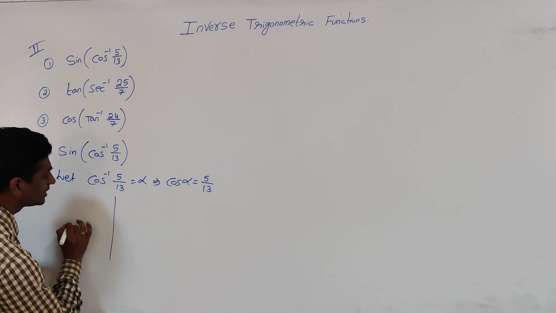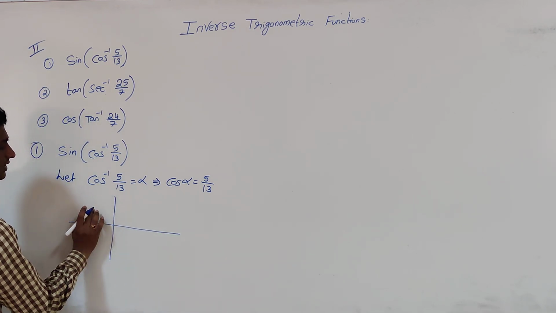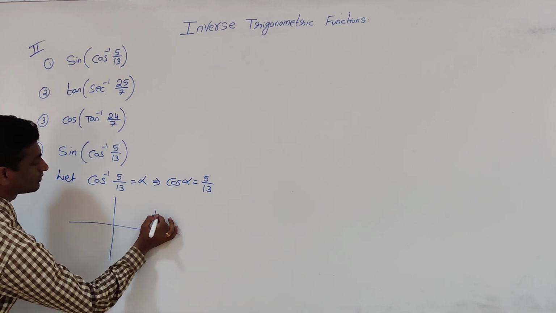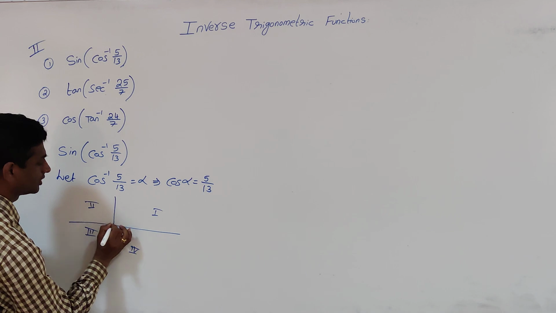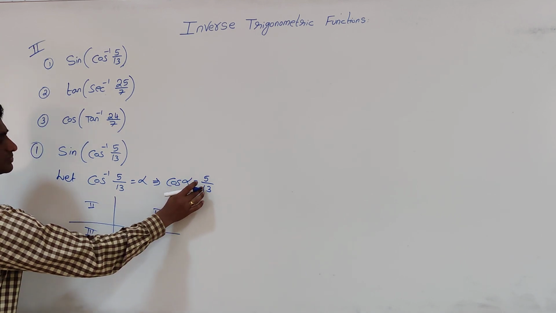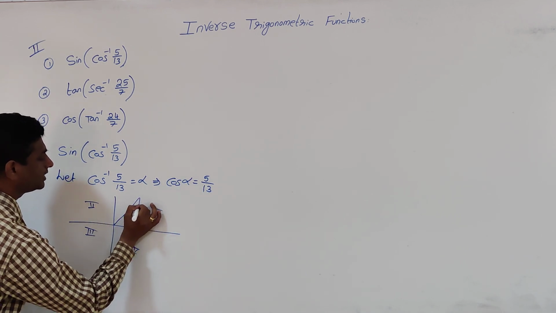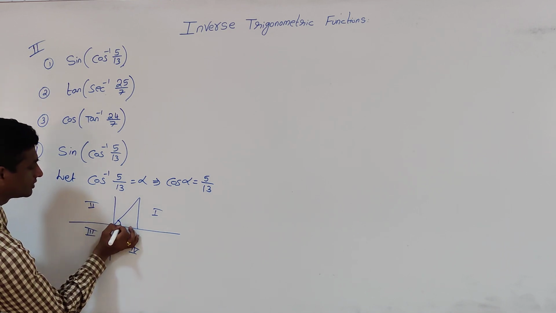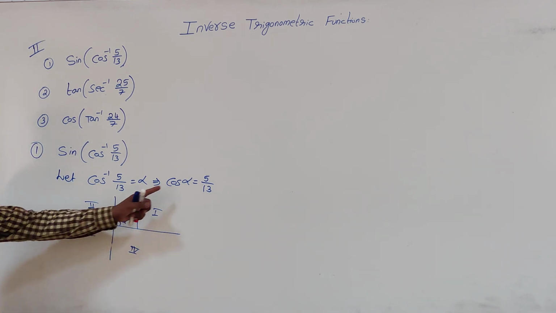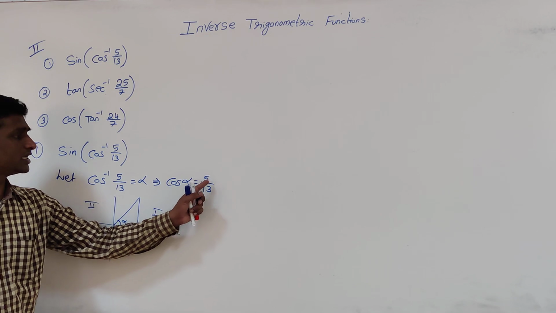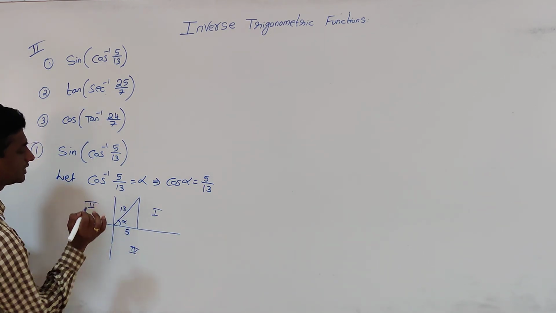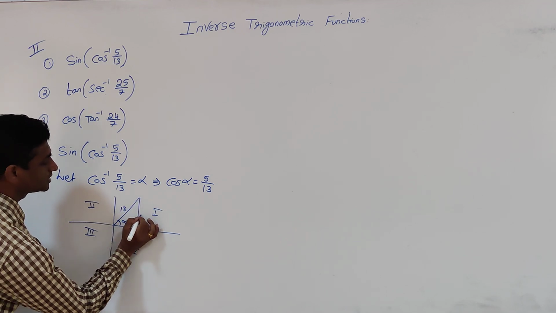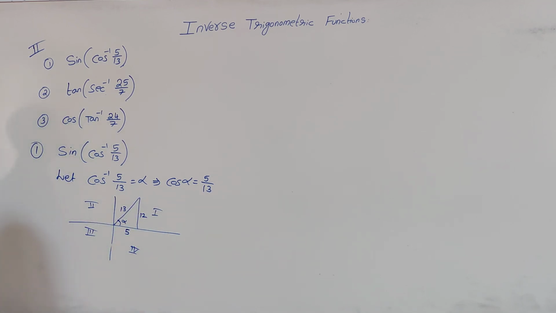If you go by the graph, first, second, third, fourth quadrant. As cos alpha is positive, go for one right angle triangle in the first quadrant with alpha. So cos alpha is adjacent side by hypotenuse. So this will be 5, hypotenuse is 13, and the opposite side will be 12.